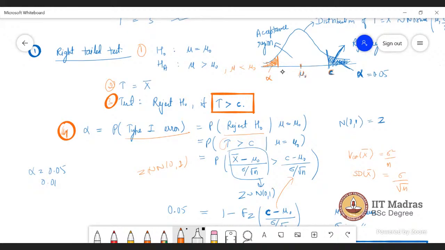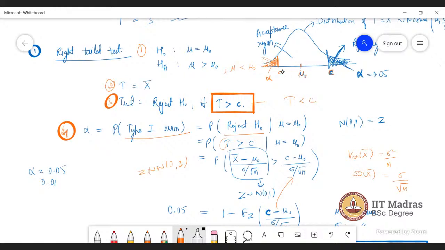And the way you have found the critical value in case of right tail test, similarly you will do for the left tail test. And in this case, your test becomes reject h naught if t is less than c. If this is your critical value, and if your t lies in this rejection region, you will reject your null hypothesis.